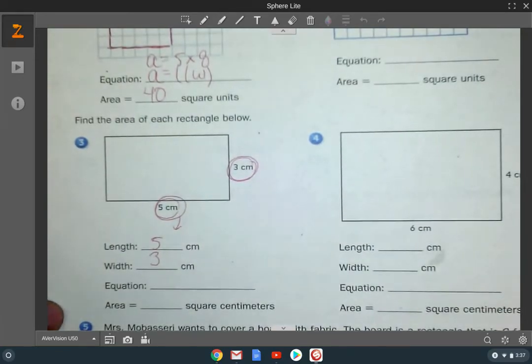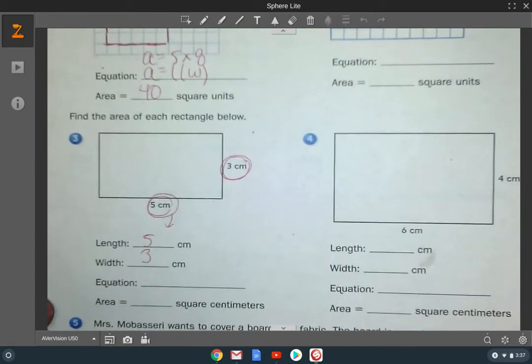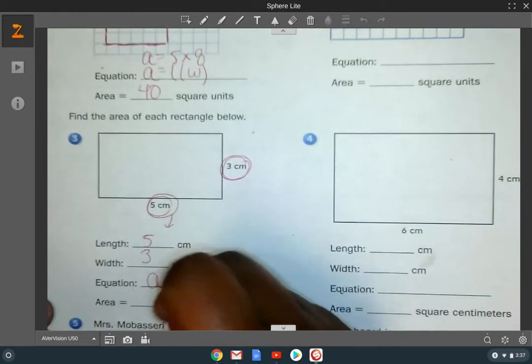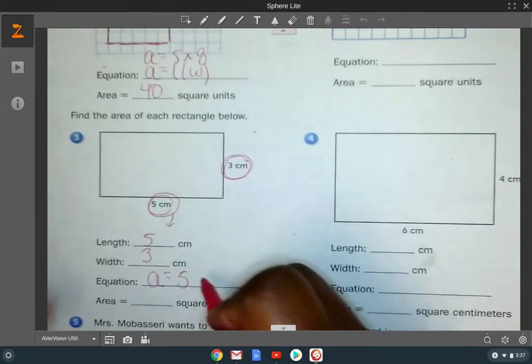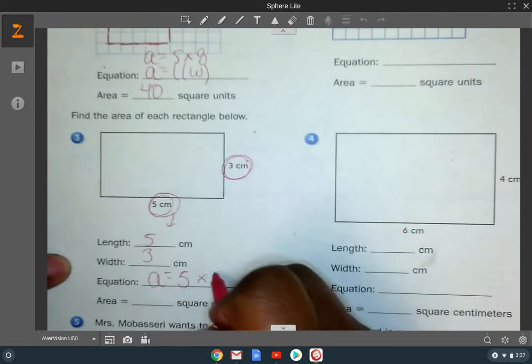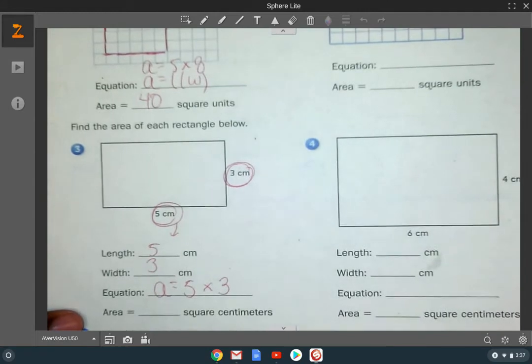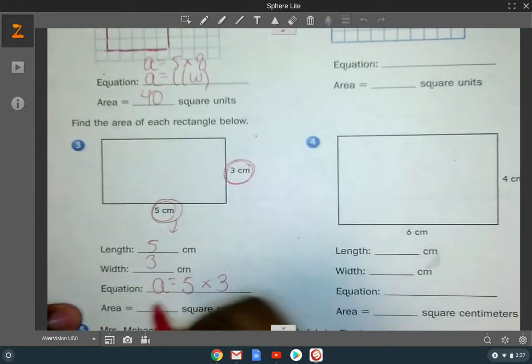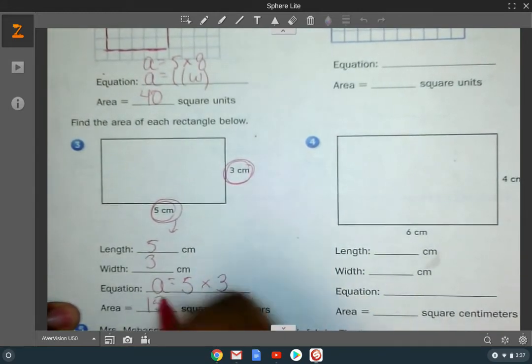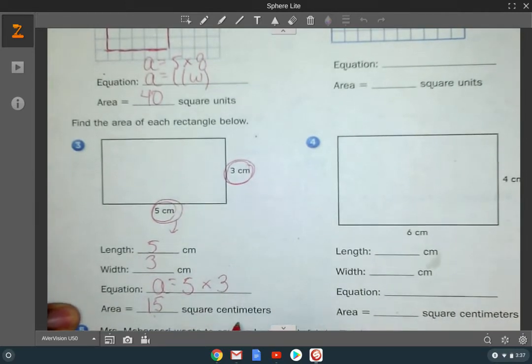What is our equation to find the area? Our area is going to equal 5, our length, times our width. And 5 times 3 equals, yes, 15. So our area is 15 square centimeters.